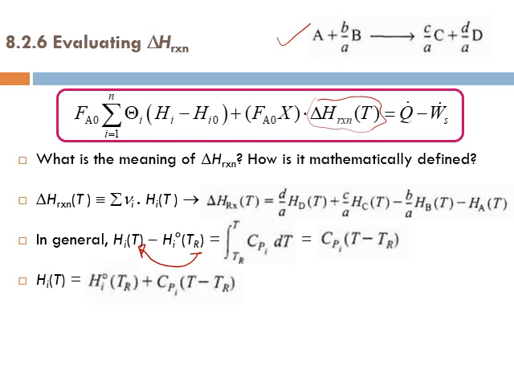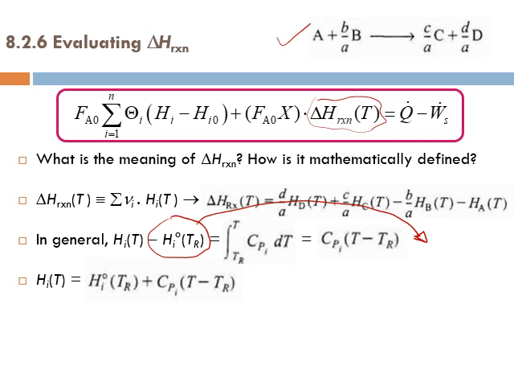Okay, so that means if I take this term to the other side, we get H_i at any temperature from this equation: standard H_i at T reference plus Cp_i delta T. Of course, the standard here refers to the standard state, which refers to pure species i.